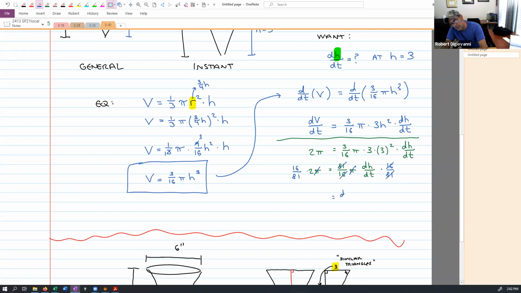We get dh dt. And on this side, 32/81, which I'll get as a decimal. I'm getting about 0.395. I'll just go there.